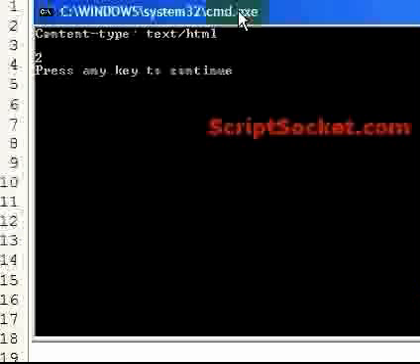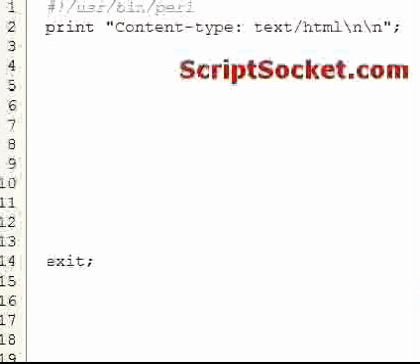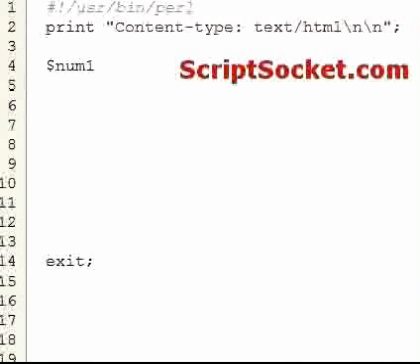Auto increment and auto decrement. Okay, so we have two numbers, both equal to 10.